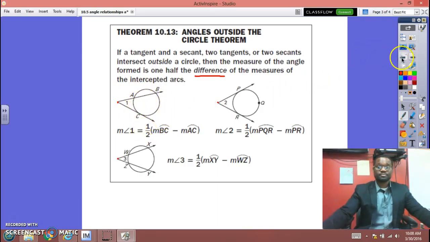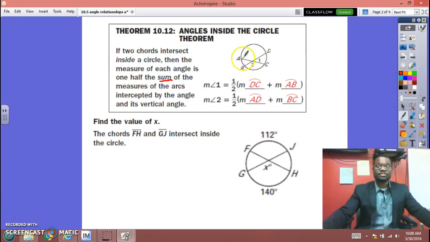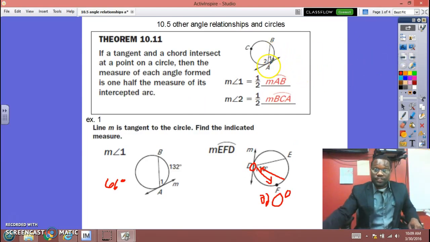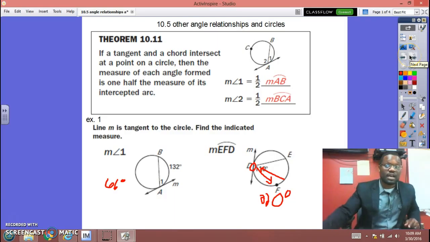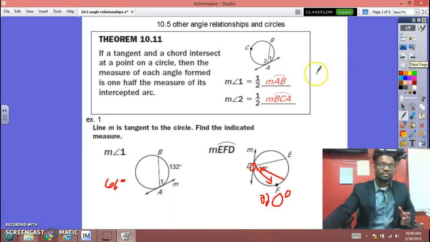If the vertex is inside the circle, I'm going to add them, divide by 2. And if it's on the circle, I'm simply going to divide by 2 to find the angle, or multiply by 2 to find the arc. Notice everything is dealing with multiplying or dividing by 2, mostly dividing by 2 or multiplying by 1/2.